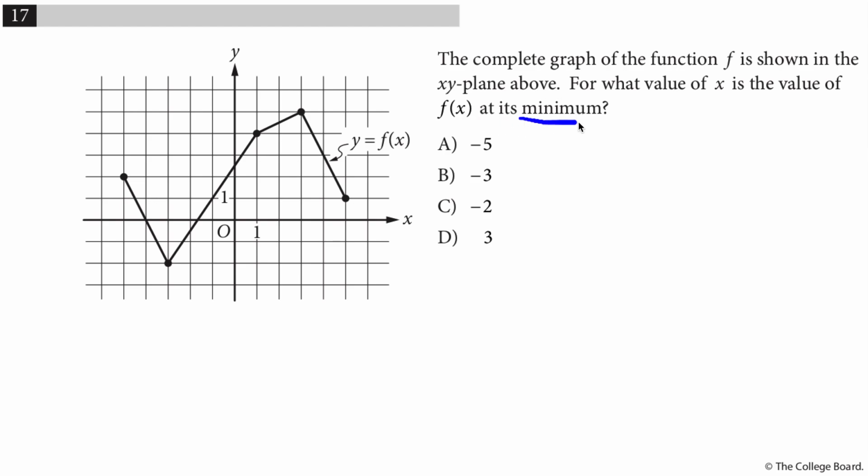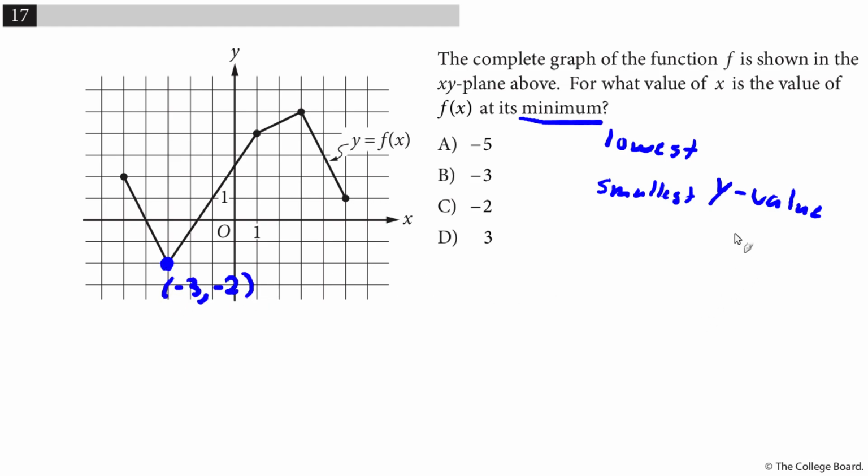So I want to find, minimum means lowest, or more generally, so smallest f value, which is smallest y value. And so I just look at this, and if I talk about the lowest point, well, clearly that's right here at this point (-3, -2).